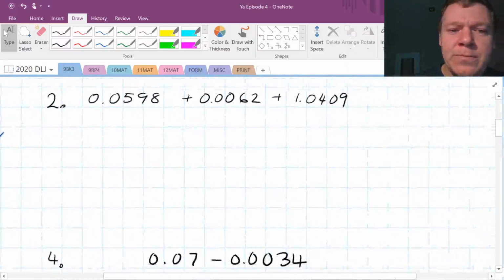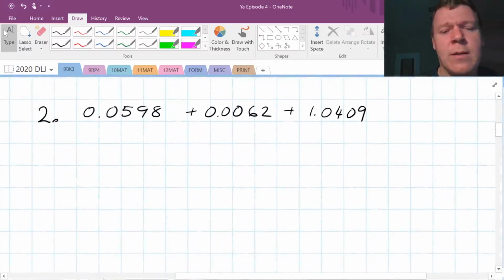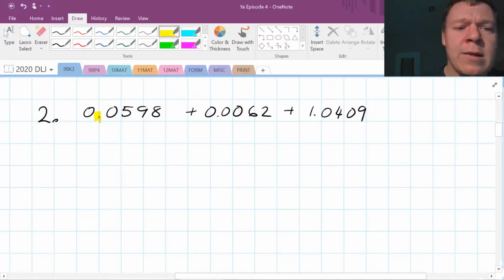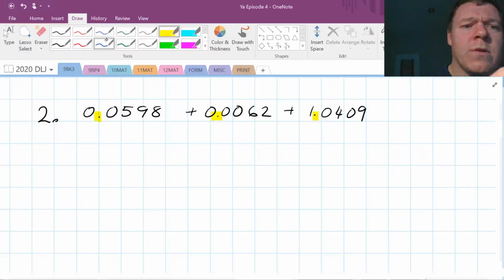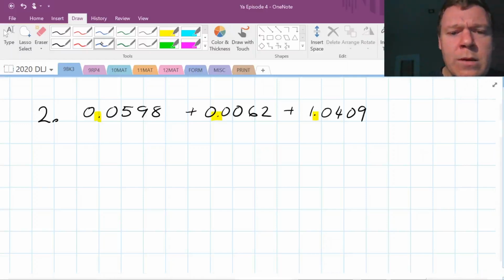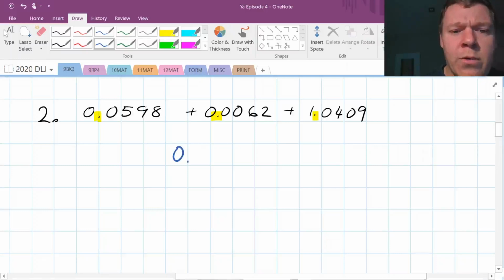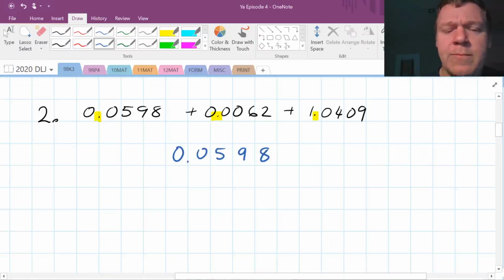All right. Question 2. We're going to add these 3 digits together. So the key thing is getting those decimal points lined up in the same place. So let's do this. First one, 0.0598.